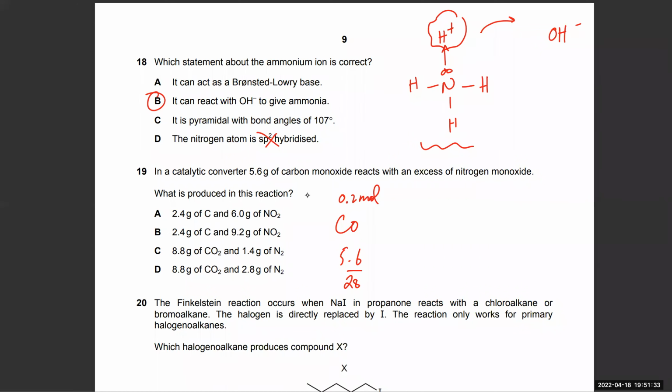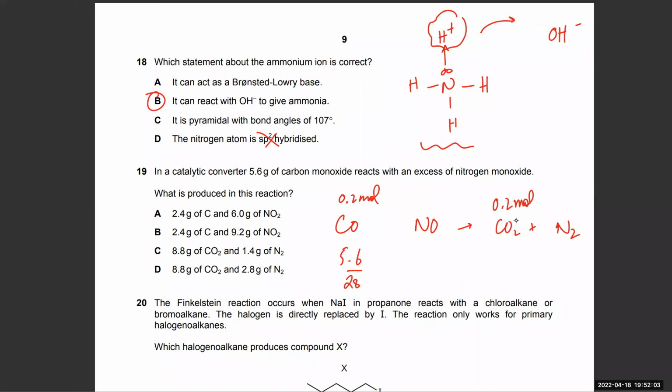And it's reacting with nitrogen monoxide, which is in excess. So what's going to happen is carbon dioxide is going to be produced and N2 would be produced, right? So if you have 0.2 moles, the amount of carbon dioxide would also be 0.2 moles. I think the equation is balanced. No, it's not balanced actually.